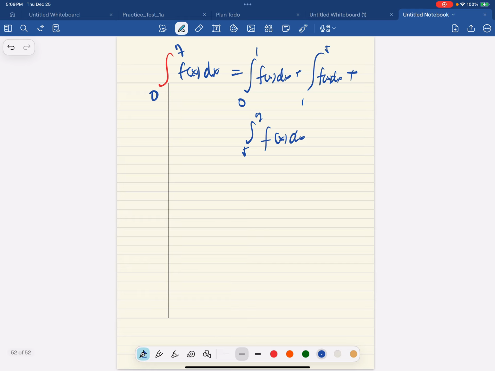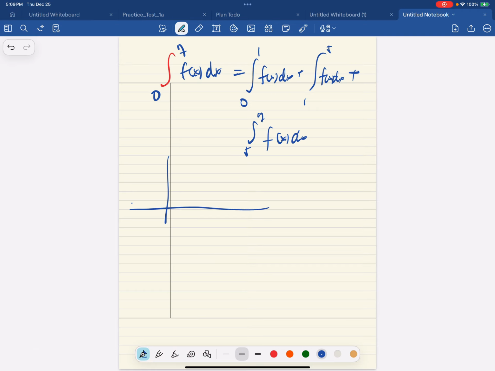And that is also, again, visually possible to see. That's 0, that's 1, that's 5, and that's 7, let's say. The area from 0 to 1 plus the area from 1 to 5 plus the area from 5 to 7 is equal to the area from 0 to 7. That's logic, right? Yeah, calculus is basically logic.